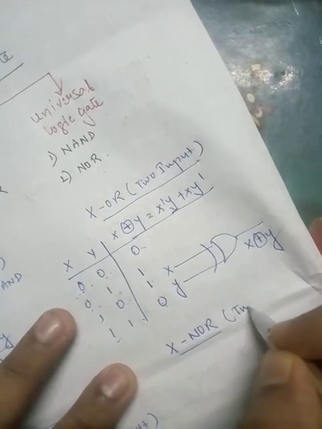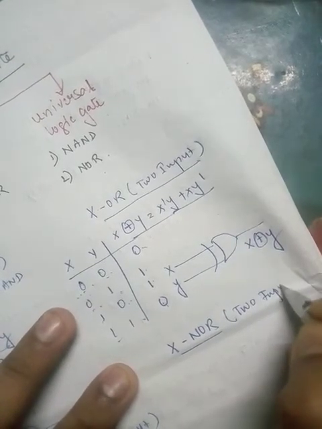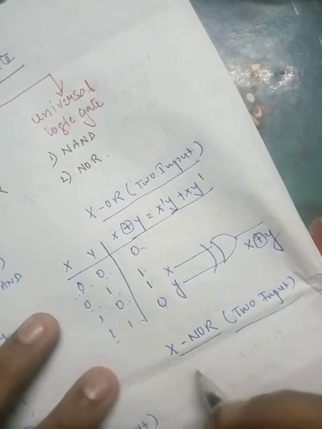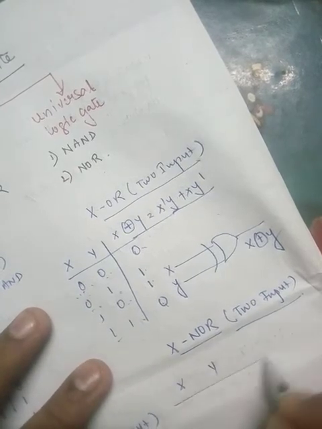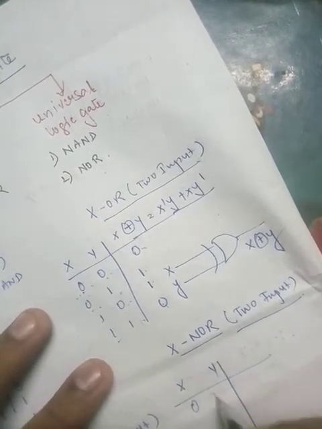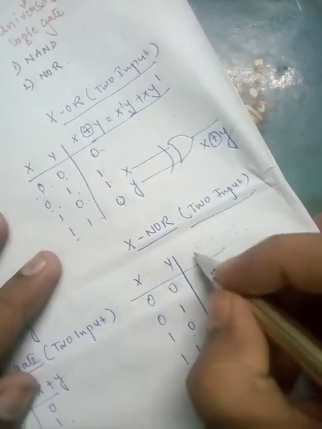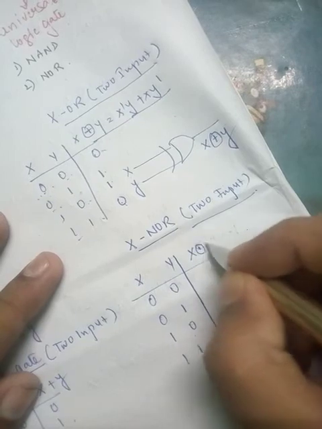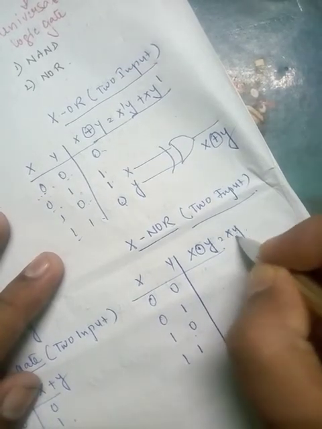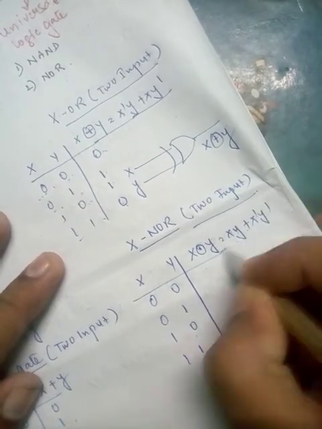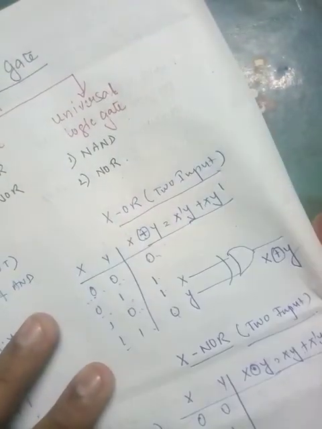Next, the XNOR gate. 2 input, again 2 input, x y, 0 0, 0 1, 1 0, 1 1. This will be the sign and the formula: xy plus x bar y bar. What is the difference? It is the AND operator and it is the OR operator.